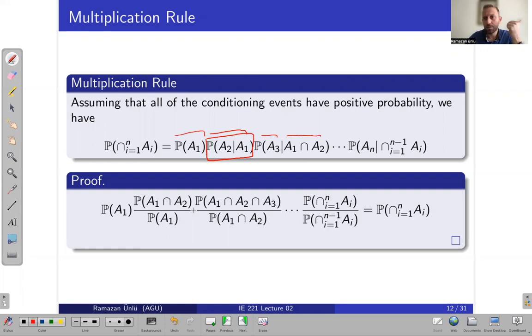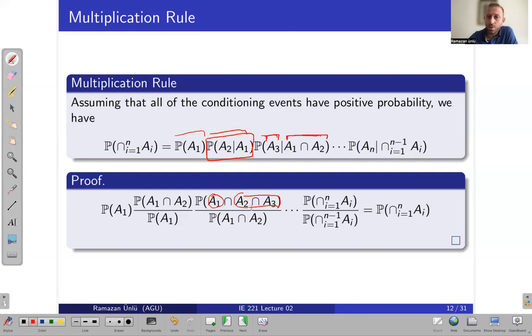This comes from the conditional probability definition. And the same thing we can do here, because the intersection of A1 and A2 is one event.